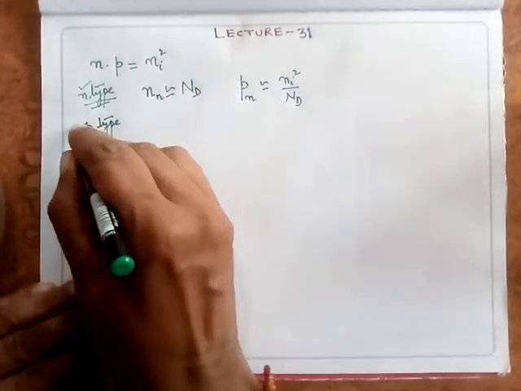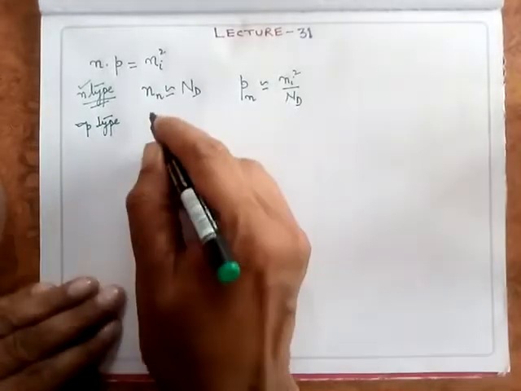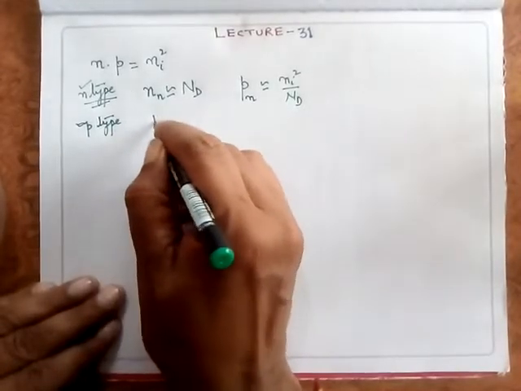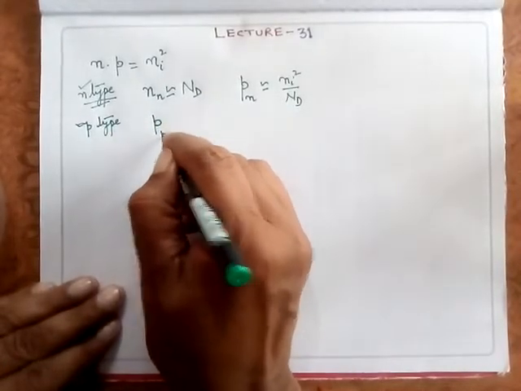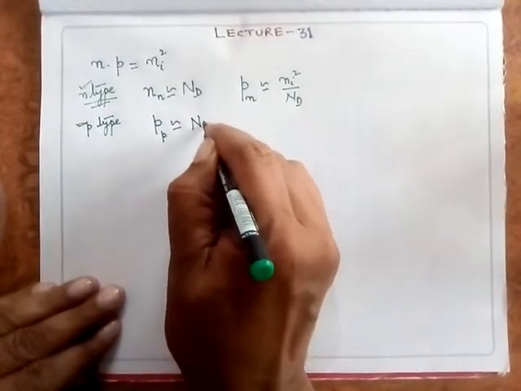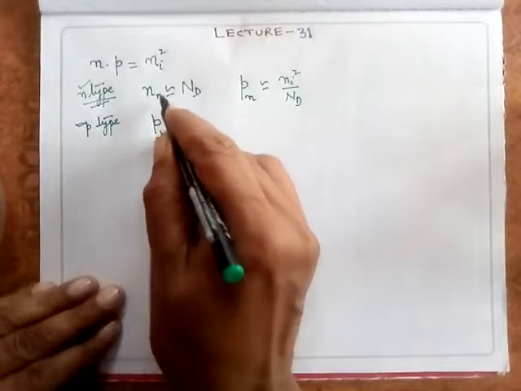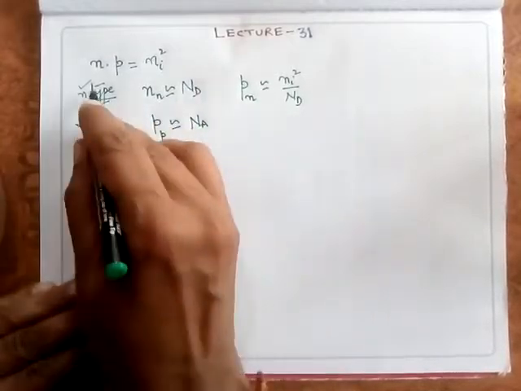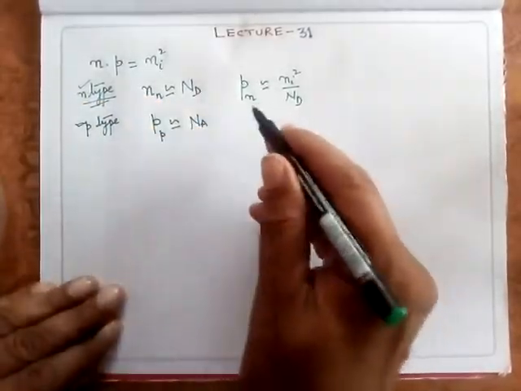in this case holes will be majority charge carriers, so I can say that the holes in p type semiconductor is approximately equal to the acceptor concentration. What I am writing in suffix represents the type of semiconductor, whether n type or p type.